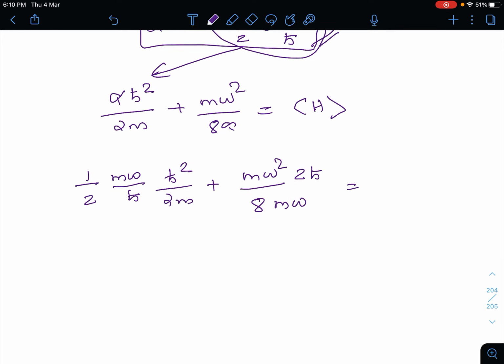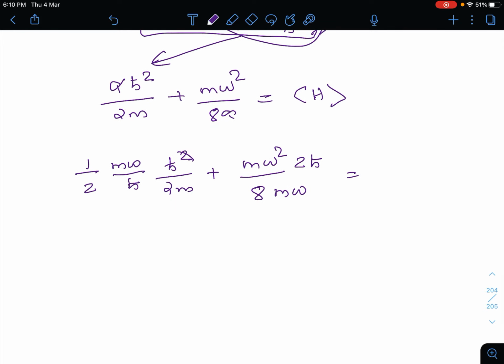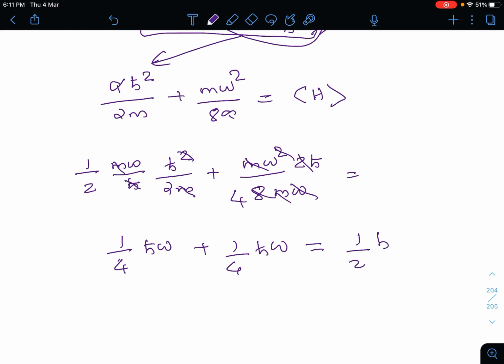Okay, so what is that? So let's cancel something. m and m get cancelled. So what you get? 1 by h cross gets cancelled. So 1 by 4 h cross omega plus here also m cancels, 1 by 4 h cross omega. What is that? 1 by 2 h cross omega.